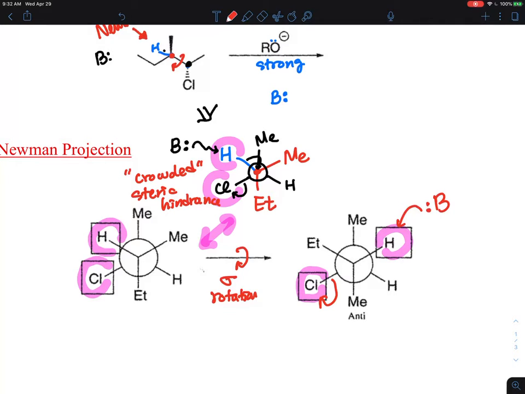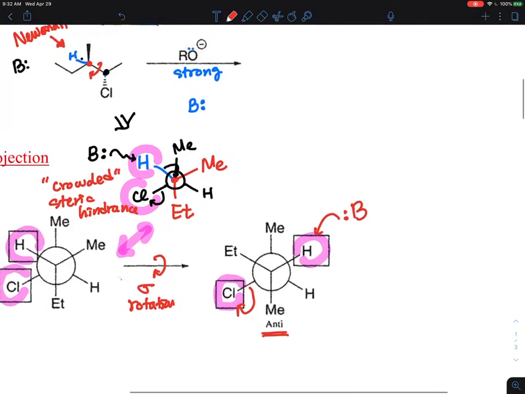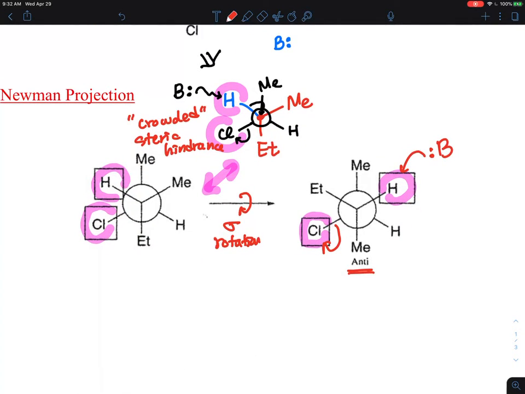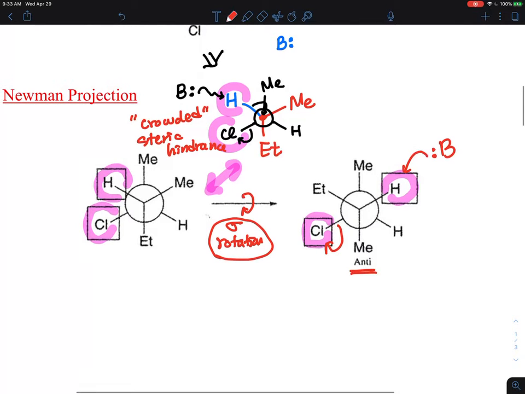This is a traffic jam. It can be avoided. They call it anti. By doing so, it's a much better situation. So they are willing to do the sigma rotation to have a better conformation, with less steric hindrance, which I mentioned here.